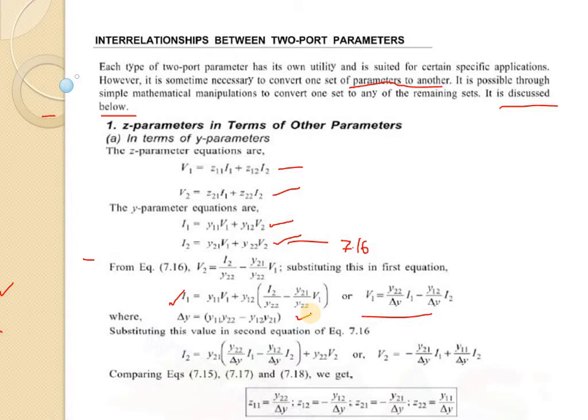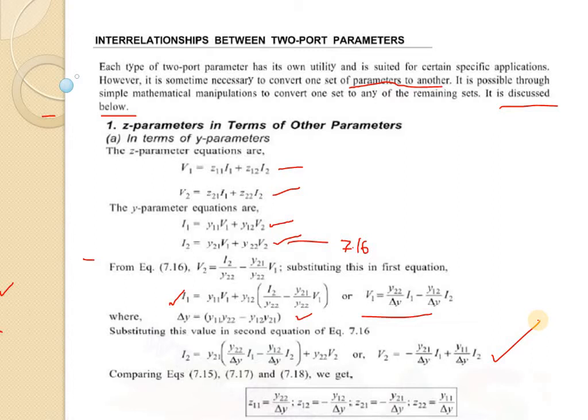Substituting this value in our second equation, we get I2 equals Y21 into Y22 by del Y into I1 minus Y12 by del Y into I2 plus Y22 into V2, or V2 equals minus Y21 by del Y into I1 plus Y11 by del Y into I2.